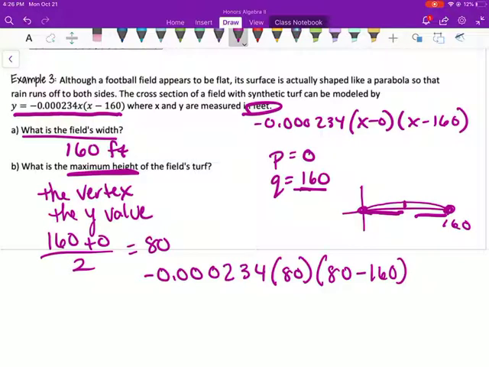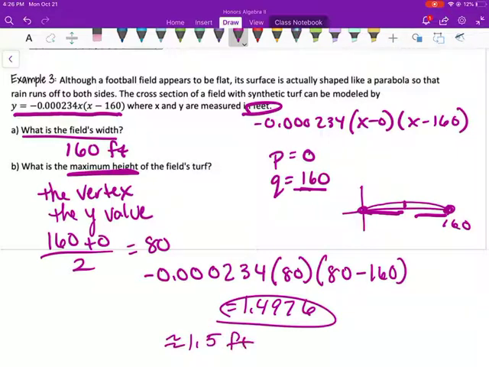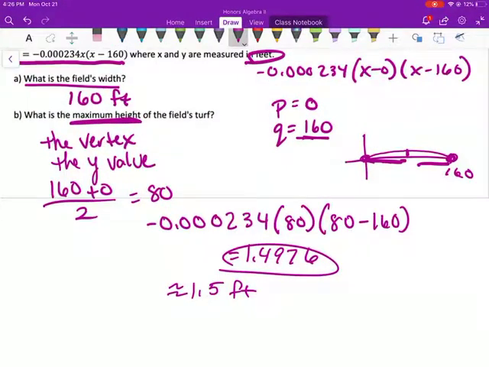I'm pulling out my handy dandy calculator because I can't do this one in my head. And I get 1.4976. And so that means that we are approximately 1.5 feet above. And that's it.